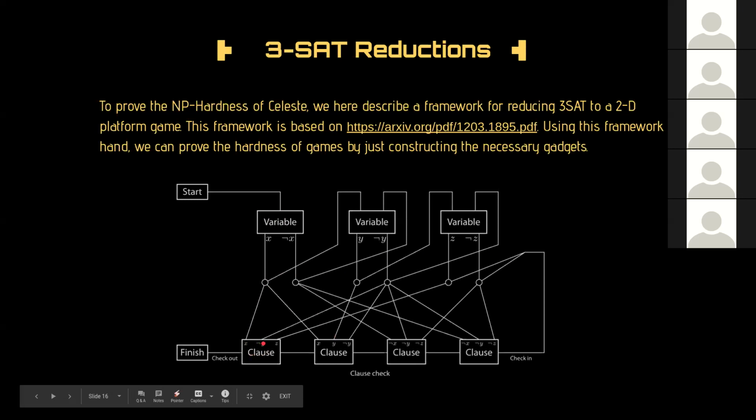If we travel through any of the variables, we unlock the clause. Once we unlock the clause, in the end, we will just travel through this. If all the clauses are unlocked, we will be able to reach finish. If any one of the clauses is not unlocked, we will be stuck there, and the problem of finding a pathway from start to finish is not satisfied.